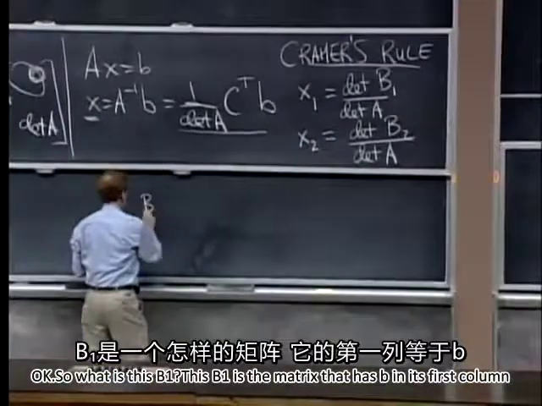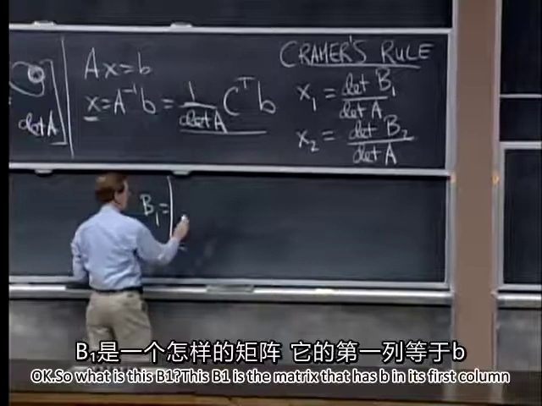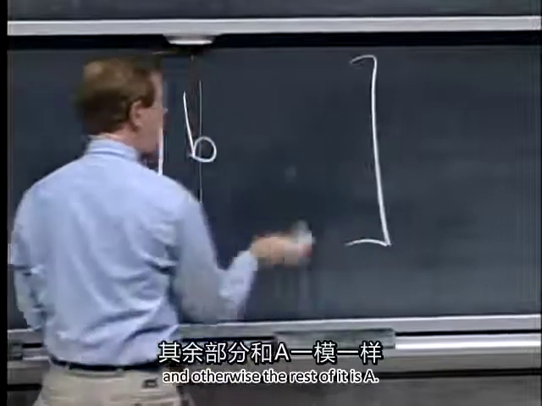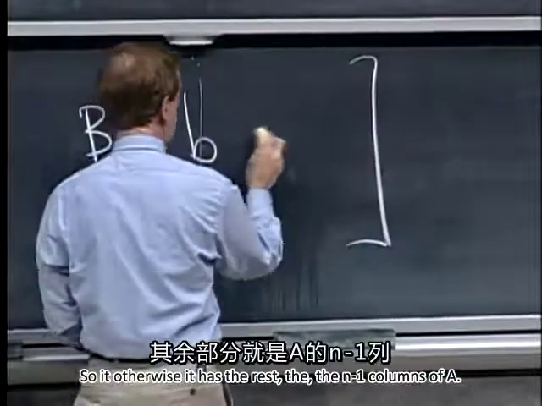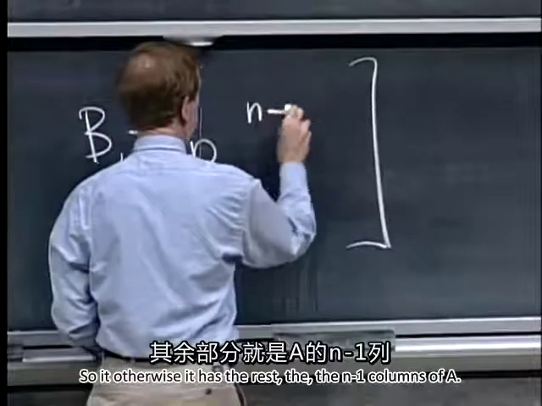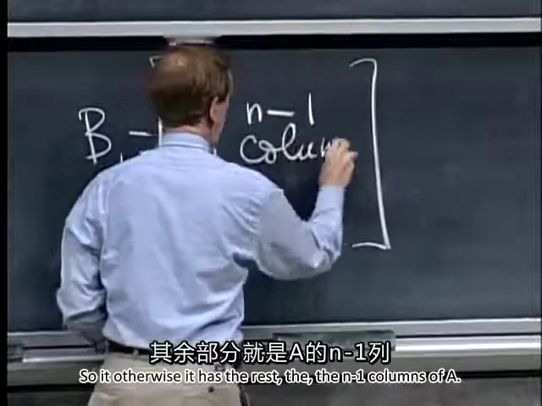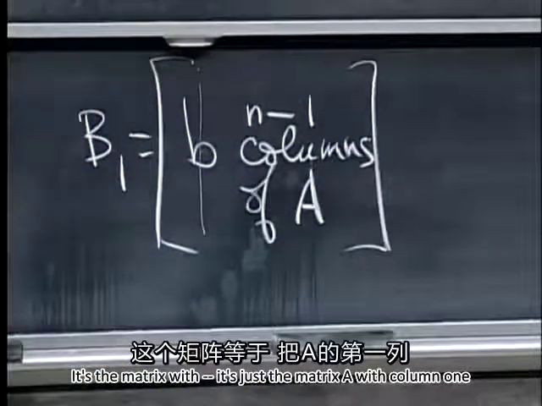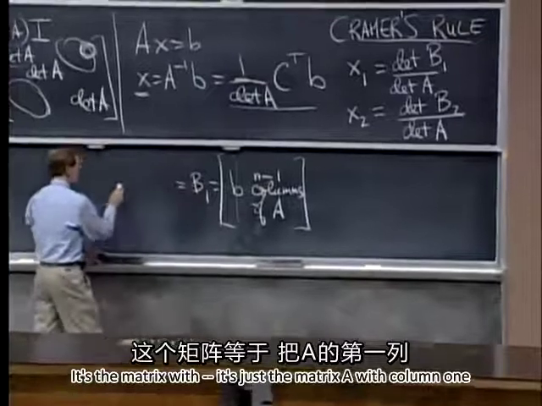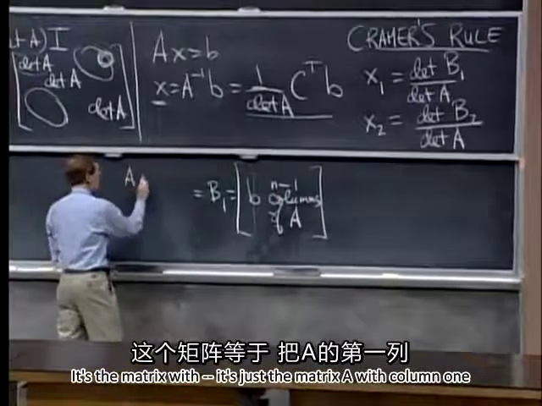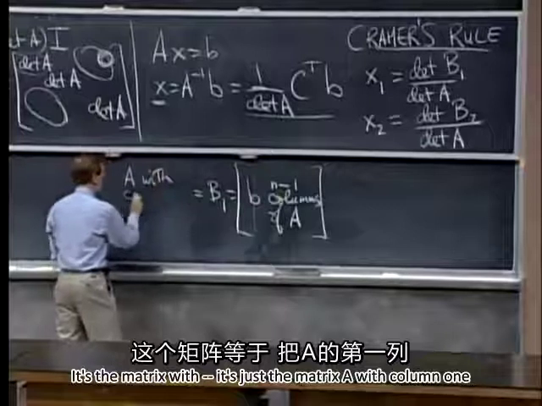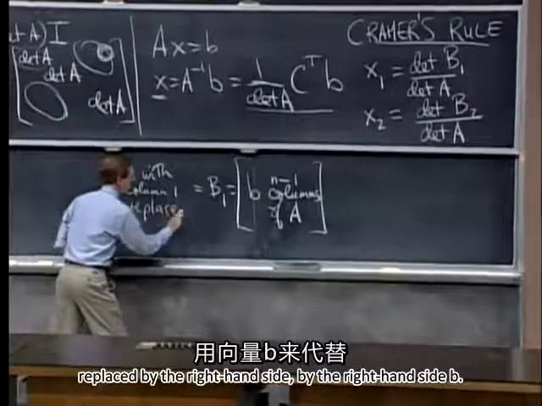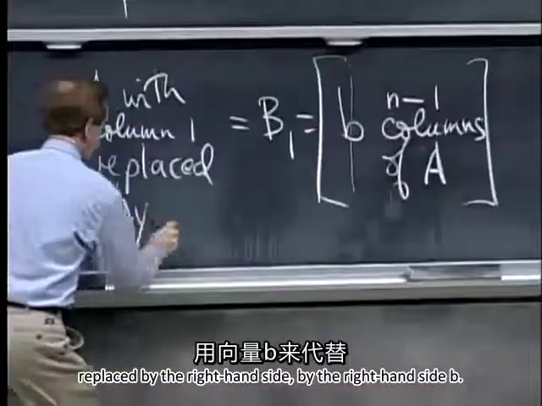This B1 is the matrix that has B in its first column, and otherwise the rest of it is A. So otherwise it has the rest, the n minus 1 columns of A. It's just the matrix A with column 1 replaced by the right-hand side B.